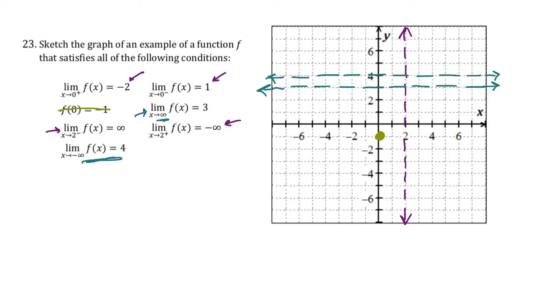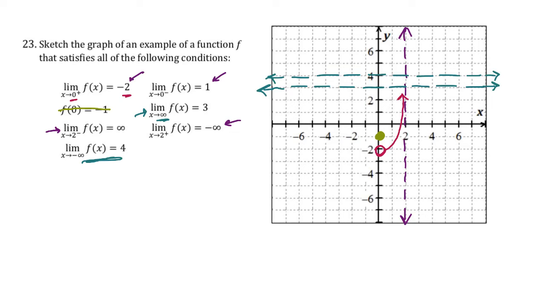And now let's talk about what's going on at 0, because I've got just about everything else I can on this graph. Notice that the limit as x approaches 0 from the right is negative 2. So I'm going to go to 0, negative 2, and I'm going to put an open circle because I already have a defined value there, and I've got to keep this as a function. And so I know from that side I'm approaching positive infinity. So it looks like you might be doing something like that.